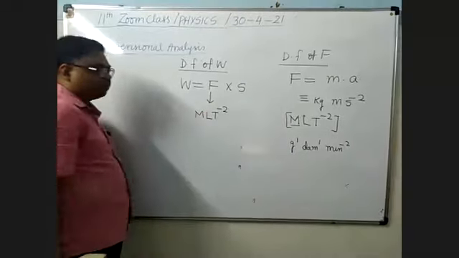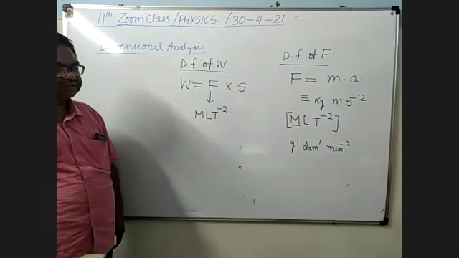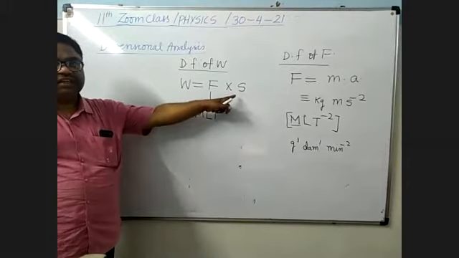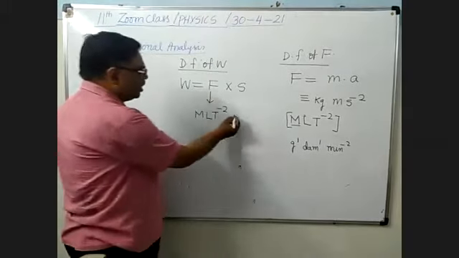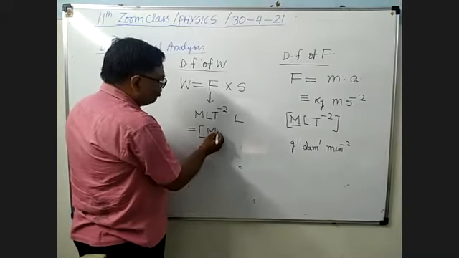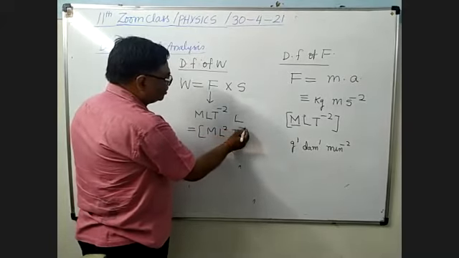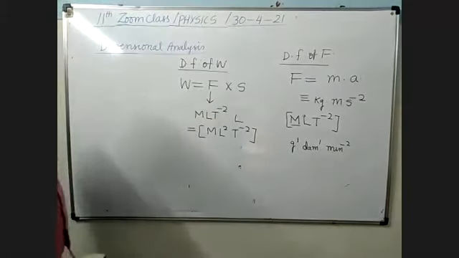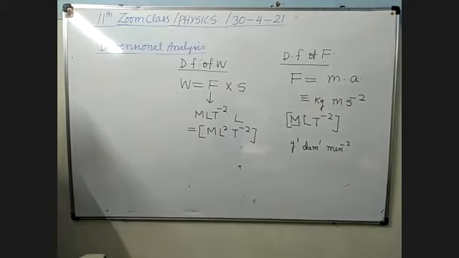What is the dimensional formula of displacement? L. Displacement is length, and the unit symbol of length is L. So it will be ML square T minus 2. Is it clear?